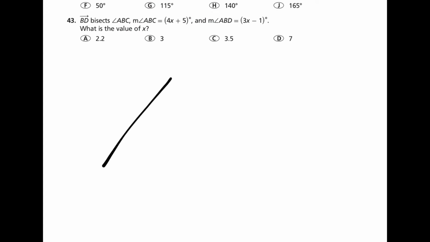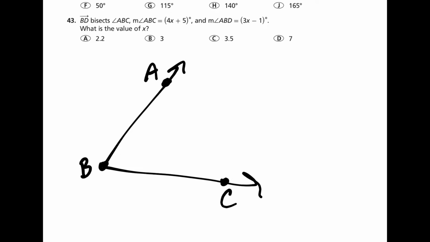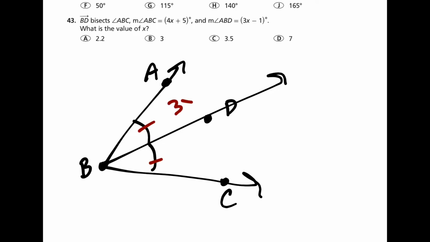So let's go ahead and draw an angle ABC. There's nothing special about this, just 3 points. Make it look kind of like an angle. B has to be the vertex. Other than that, we're good. There's a point D that bisects it, which means these two angles, whatever they might be, are equivalent. So we know that one of these angles is 3x minus 1, and the total of the two angles put together is 4x plus 5.